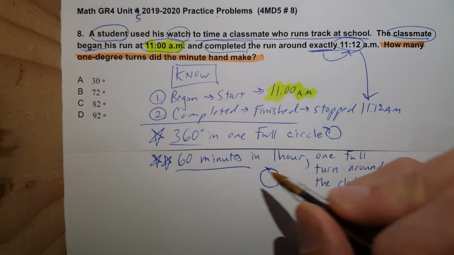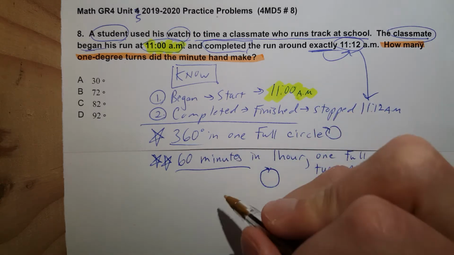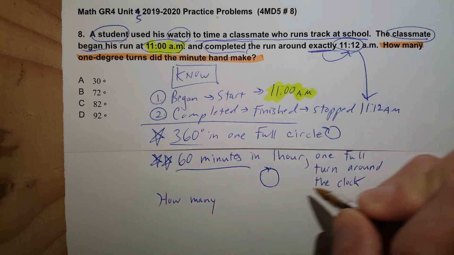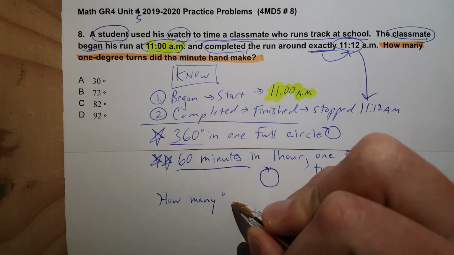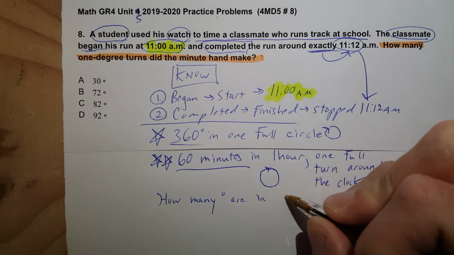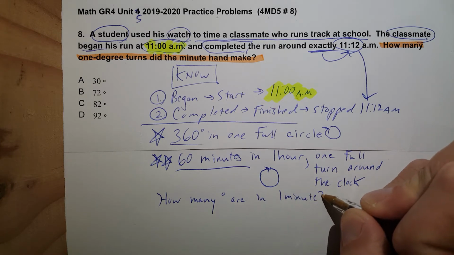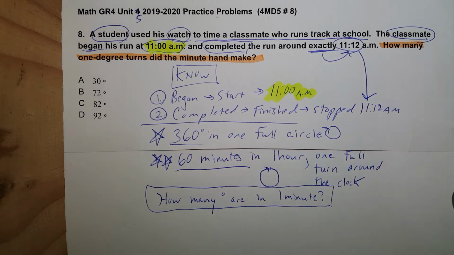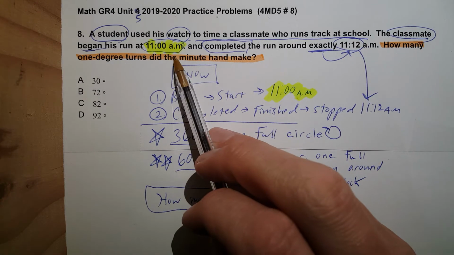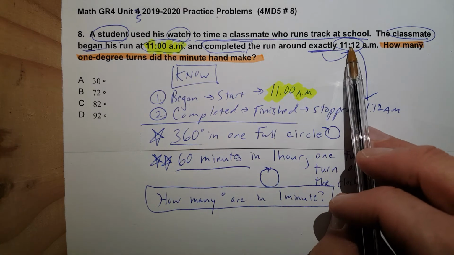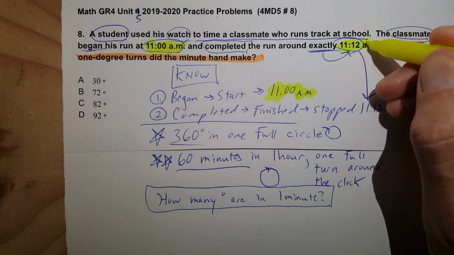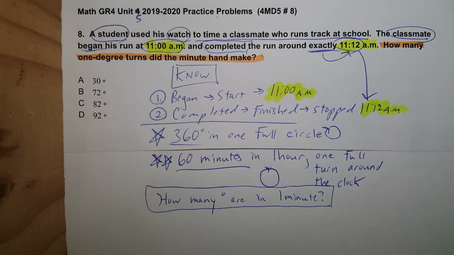So check this out. We are going to figure out how many degrees are in 1 minute. As soon as you memorize this, any of these problems, when you are given the amount of time, and you know that it takes 12 minutes, you are just going to multiply the number of degrees.